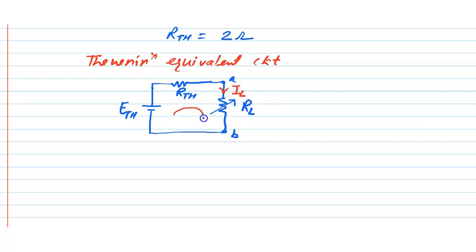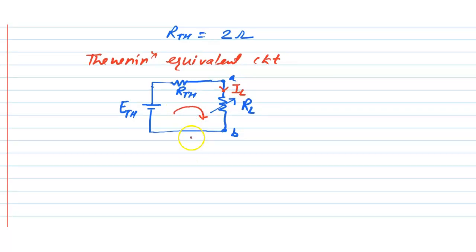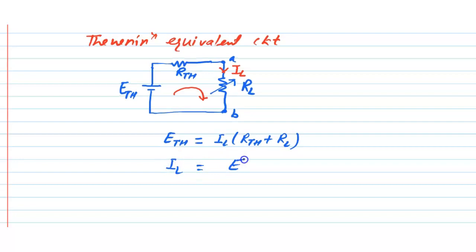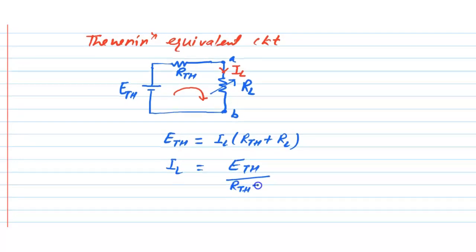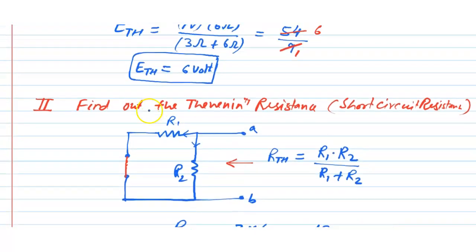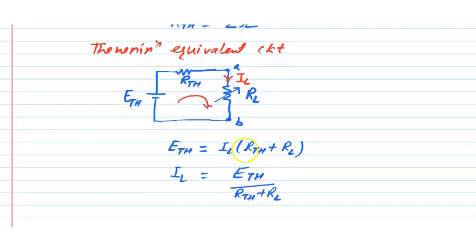Find out the current IL in the circuit, then apply KVL. ETH is equal to IL times RTH plus RL, and the value of IL will be ETH divided by RTH plus RL. Now substitute the value of ETH, which we calculated as 6 volt, and RTH is 2 ohm.